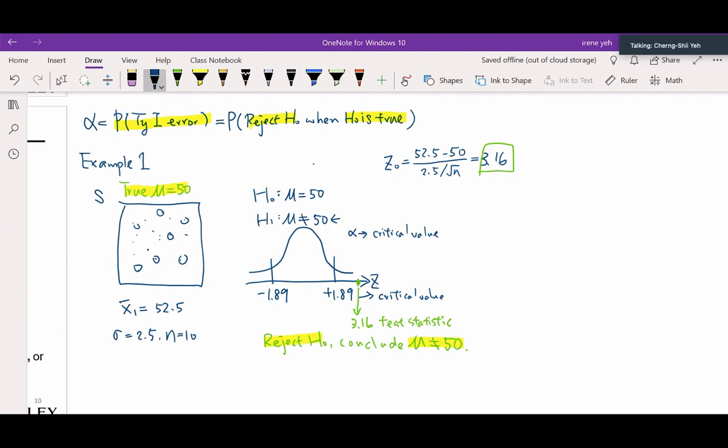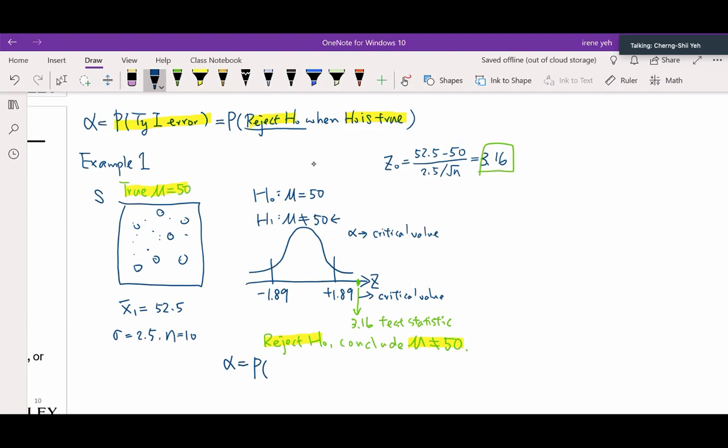Okay, so now let's start calculating our probability. Alpha is the probability of rejecting the null hypothesis when it is true. When do we reject the null hypothesis? We reject it when the test statistic is located outside the confidence interval.